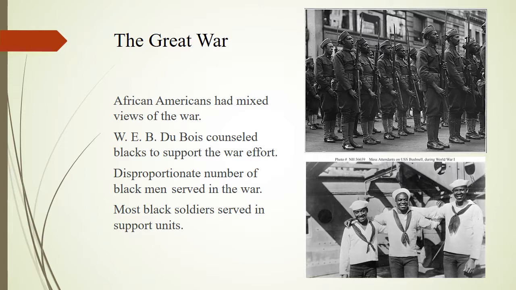All right, so this gives you some sense of what the situation was in the early 20th century in urban areas, that many African Americans had moved to the North, and it's just at this moment when World War I broke out.